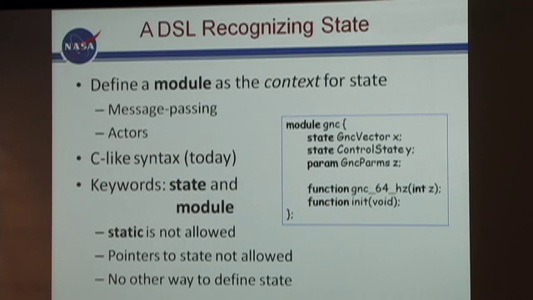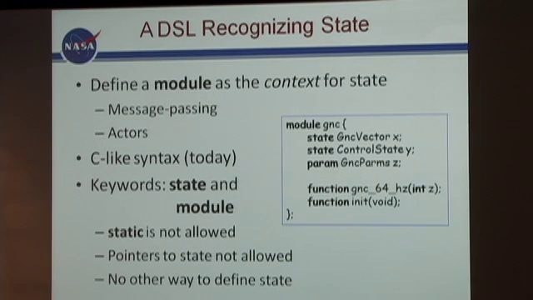So how do we get this vector, for example, to be updated every time this function runs? Oh, and there's a couple of restrictions. You don't write static anywhere in your program if you're a C programmer. There's no pointers to state, and there's no pointers within state.